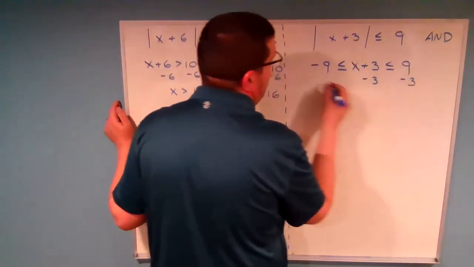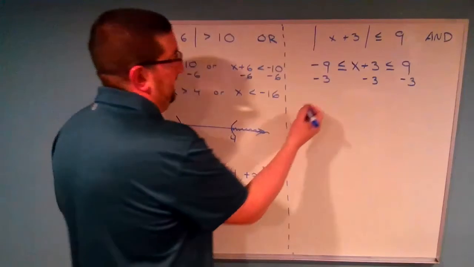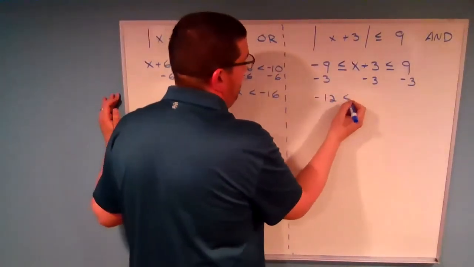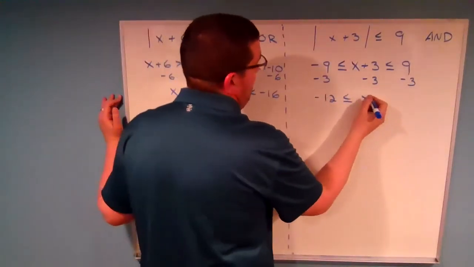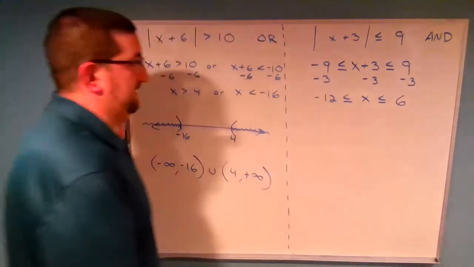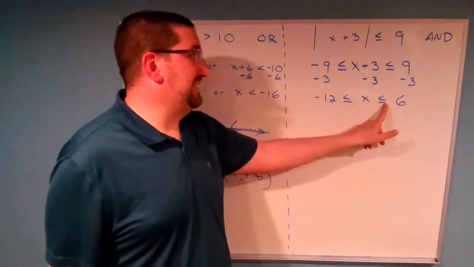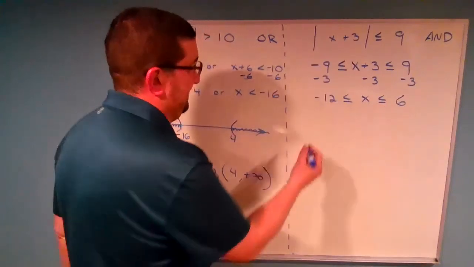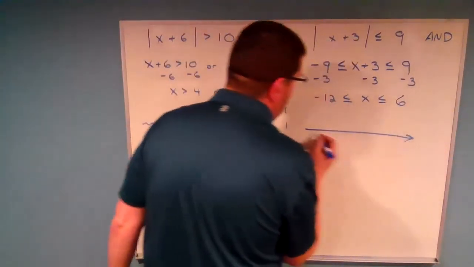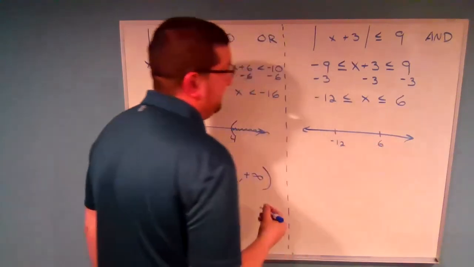Now to solve this down, we are just subtracting 3. So this would be negative 12 and 6. So x is greater than or equal to negative 12, and x is less than or equal to 6. To put that on a number line, we have our negative 12 and our 6.